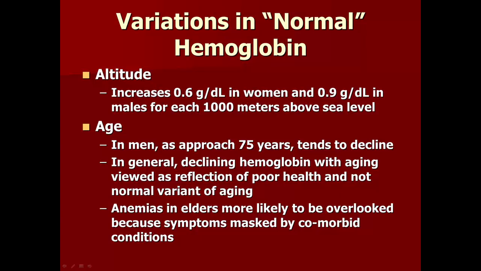Well, that's because as men get older, they have fewer androgens. Androgens play an important role in red blood cell production. And so as men get older, they have fewer androgens, and so you might see a little bit of decline for that. We've actually used androgen therapy in some men to treat anemia.